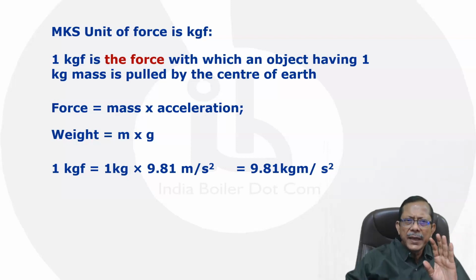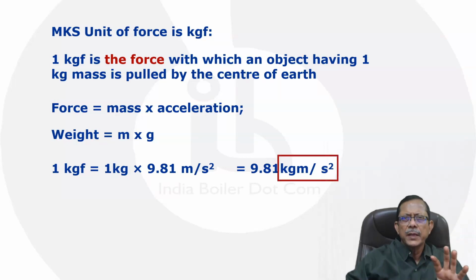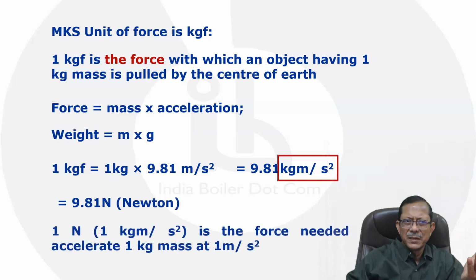Now this kg meter per second square is the SI unit of force, which is the correct unit: mass into acceleration, kg into meter per second square. Now this kg meter per second square is not used. So what do we use? We use Newton, right? So 1 kg force is 9.81 Newton, and this Newton is nothing but kg meter per second square.